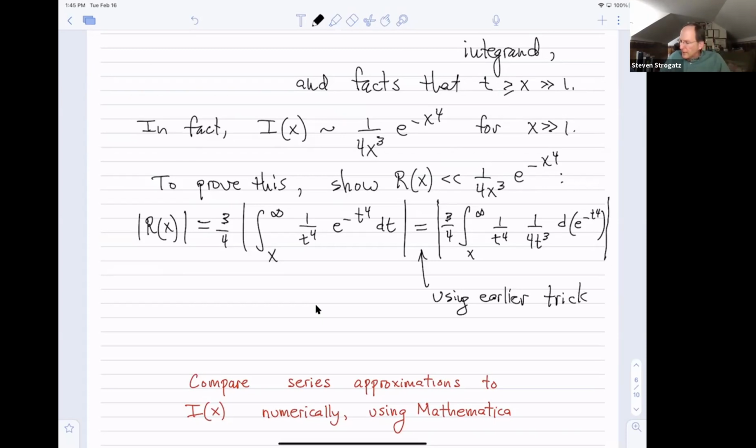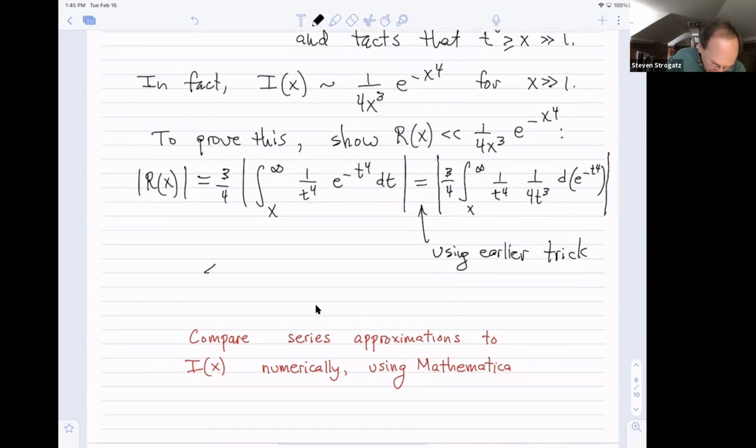And what's nice about this, this is all exact, but if we notice that we're in the regime where t is greater than or equal to x, we can then write the inequality that this is strictly less than 3 over, so I have 2 factors of 4 in the denominator, that makes a 16.